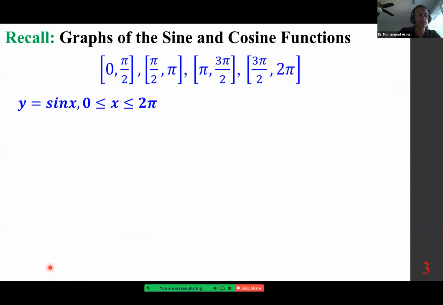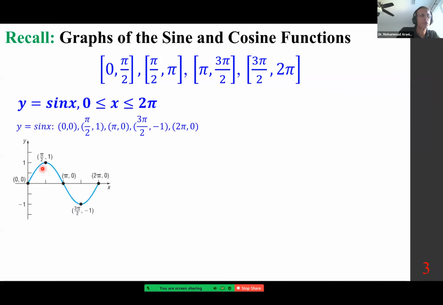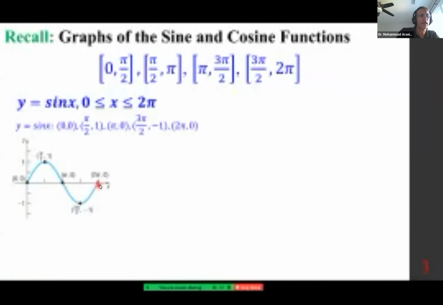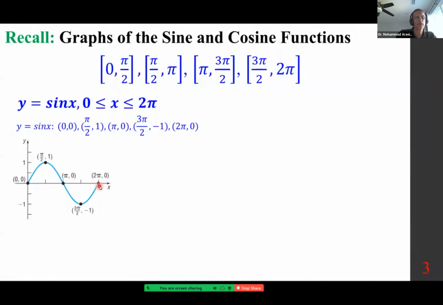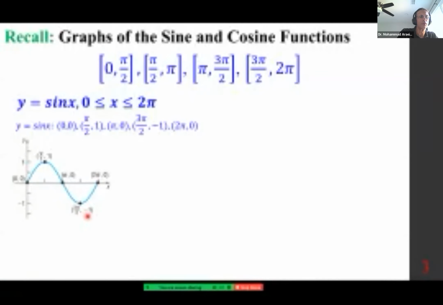Number one, we looked at sine and cosine, and the idea is that you know the period is 2 pi. Therefore, if you cut that into 4 equal parts, it will help graph the first, second, third, and fourth arc for the sine, starting from 0, 0, pi over 2, 1, pi 0, 3 pi over 2, -1, 2 pi 0.